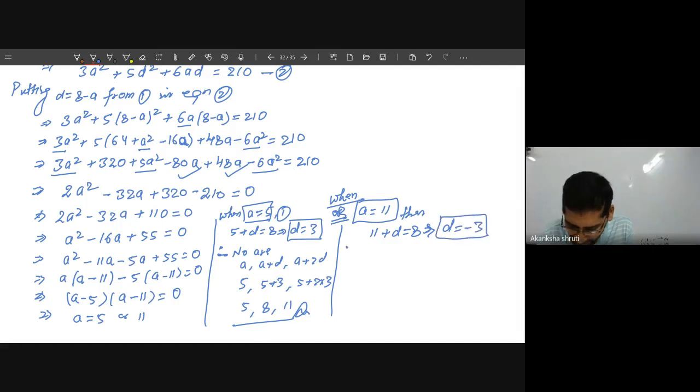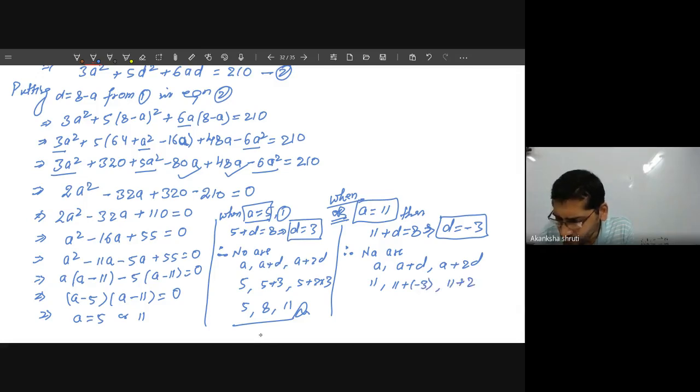Okay, therefore the numbers are a, a plus d, a plus 2d. Student, the sign of d is negative, so 11 plus minus 3, and the third number is 11 plus 2 into minus 3.